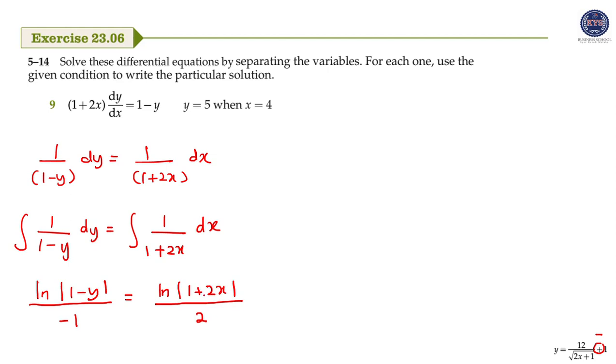Why do we get 2? Because you differentiate 1 plus 2x. Differentiate 1, 0. Differentiate 2x, you get 2. Where do we put k? Okay, so now k, you have to put just beside the 1 plus 2x over there. So k, 1 plus 2x.